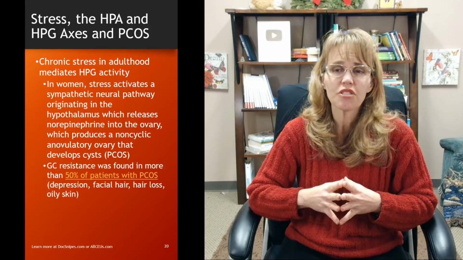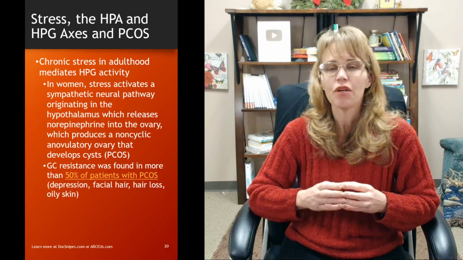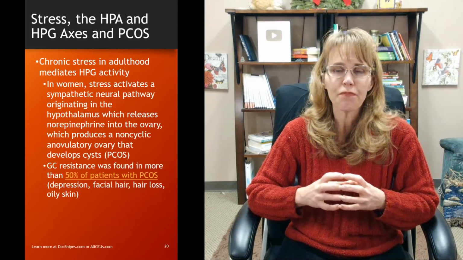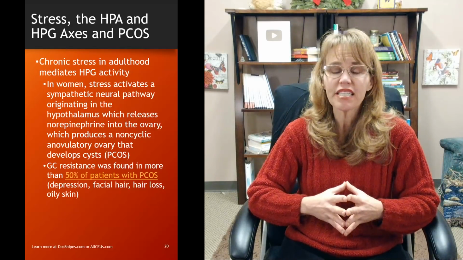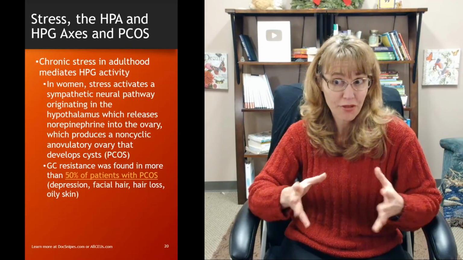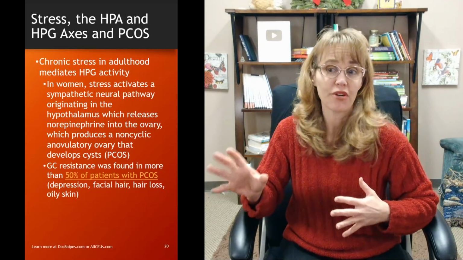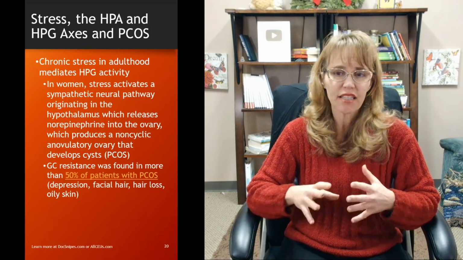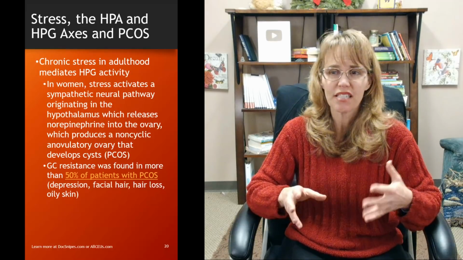Chronic stress in adulthood mediates HPG activity. In women, stress activates a sympathetic neural pathway originating in the hypothalamus, which releases norepinephrine, which is one of our stress hormones, energy hormones, focus hormones, into the ovary, which produces a non-cyclic anovulatory ovary that develops cysts.